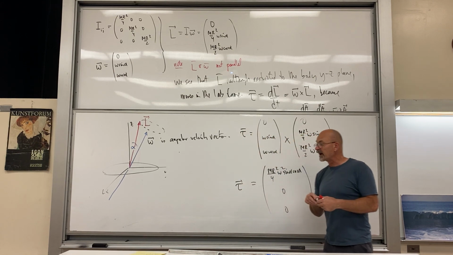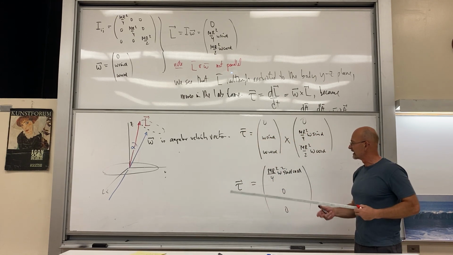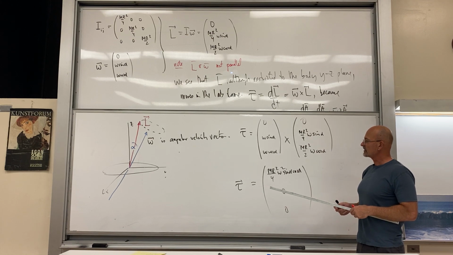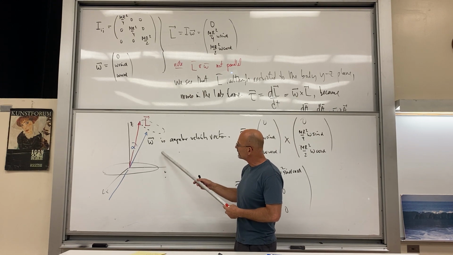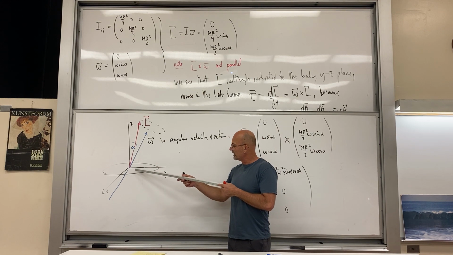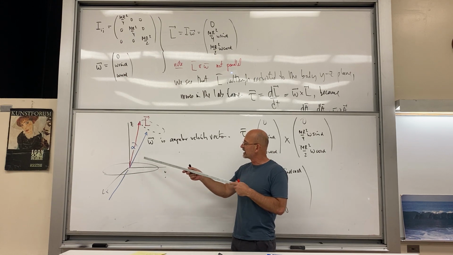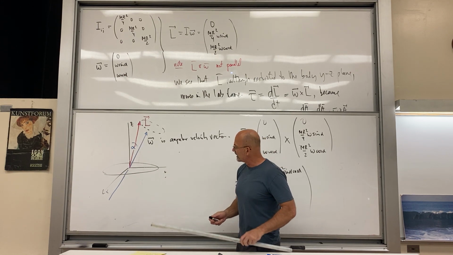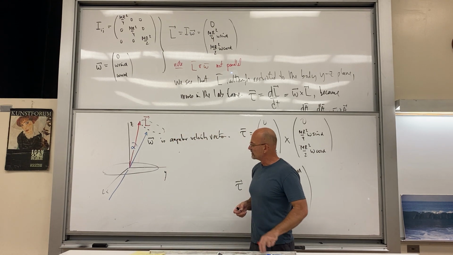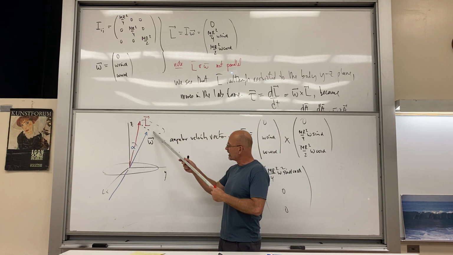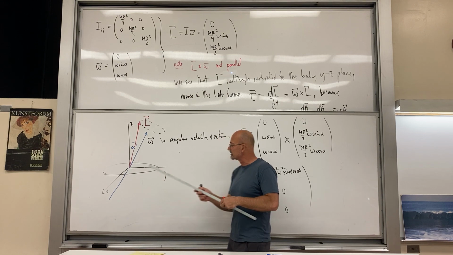So now again, let's go back to the model and see if this makes some sense. Well, first of all, omega cross L, these two in this plane, as a cross product, are going to be perpendicular to that plane. You can even see the geometrical direction has to come out the x-axis, so that's good.